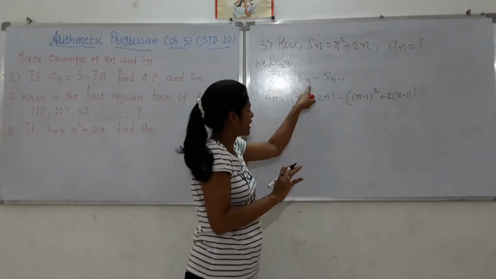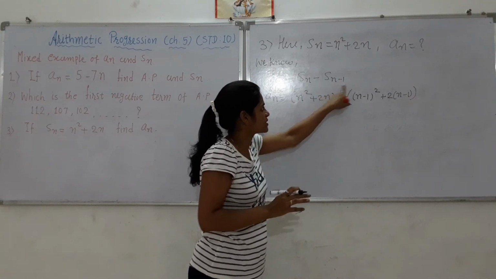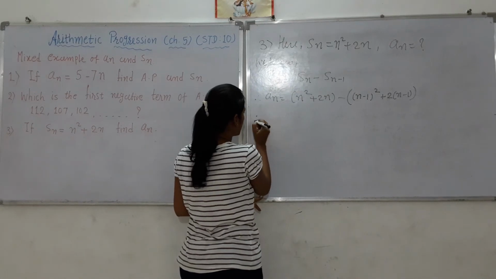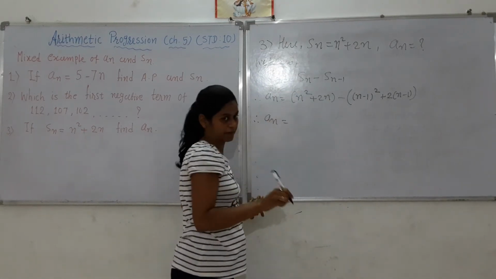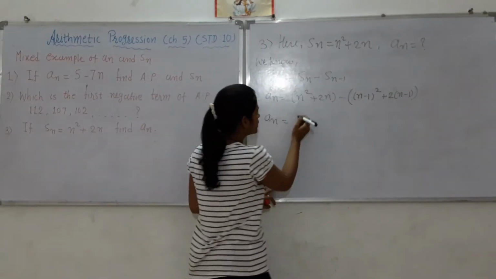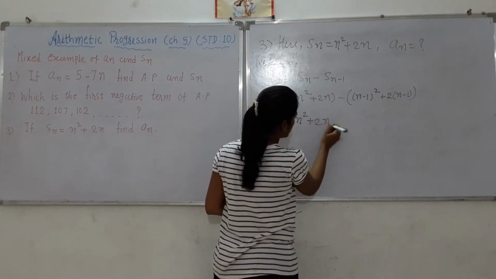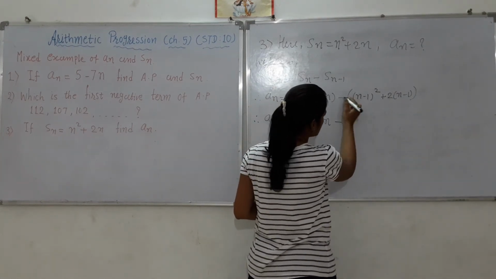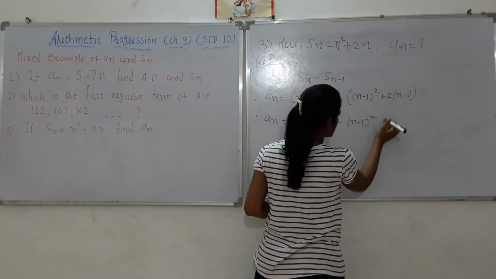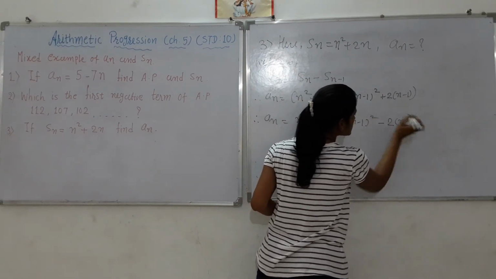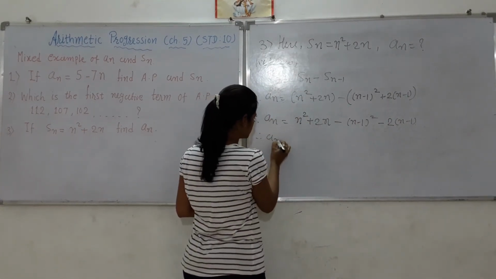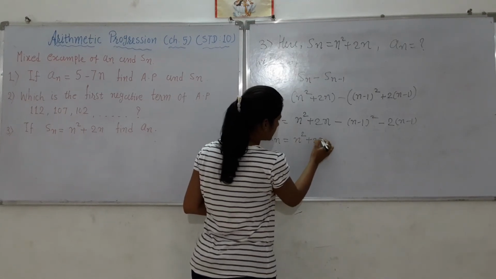It's too easy. Sn is this, so definitely Sn minus 1 is, instead of n you should write n minus 1. Now give proper attention whenever you simplify, because there is a probability of mistake in plus minus signs. So n square plus 2n minus n minus 1 whole square minus 2 times n minus 1. First of all remove this bracket. Then n square plus 2n.